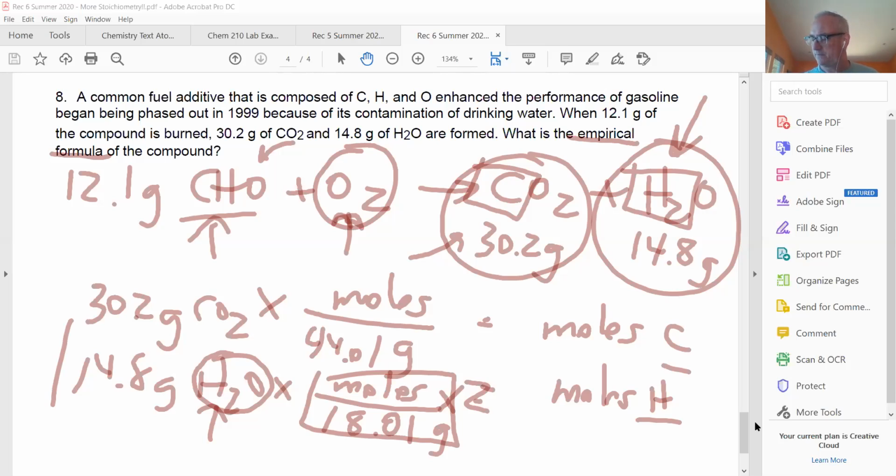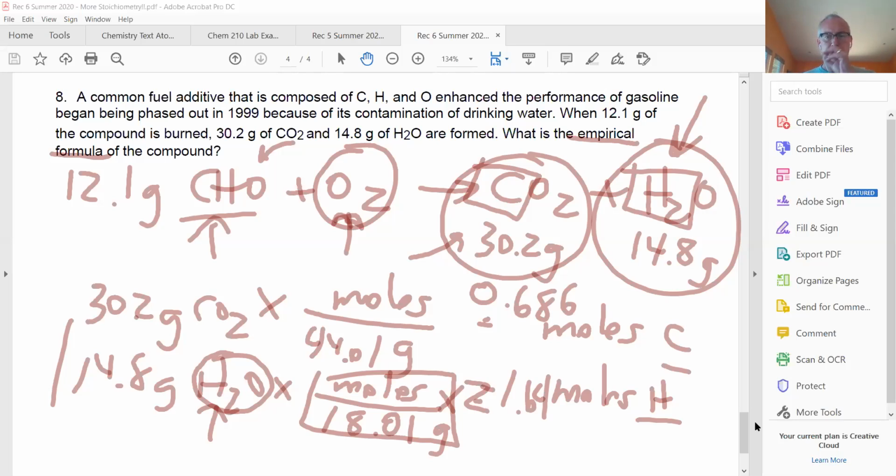So 30.2 divided by 44.01. So on the top, I've got, man, I need a much bigger screen or something. So I've got 0.686 moles of carbon. And I've got 1.64 moles of hydrogen.